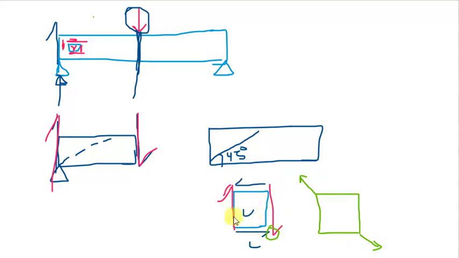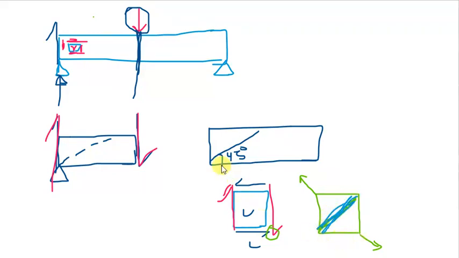Yeah, so what will happen eventually? It will try to crack the diagonal here. You know, because of this tension and this tension, it will try to crack this diagonal here. Hence the idea, it will try to crack here.